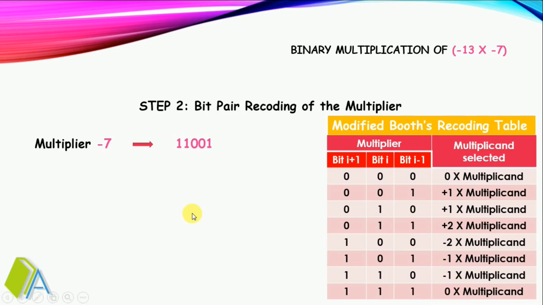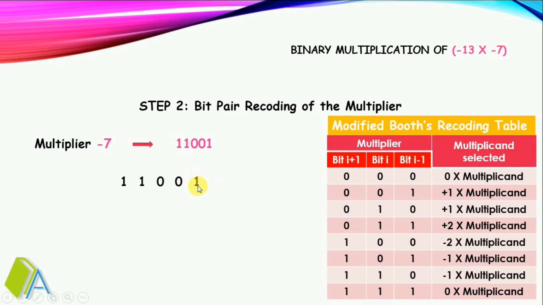Now we can see how to recode the multiplier using the bit pair recoding table. This is the 2's complemented version of my multiplier. The LSB is my ith bit. I don't have any previous bit initially, so I always take 0 as my I minus 1th bit.